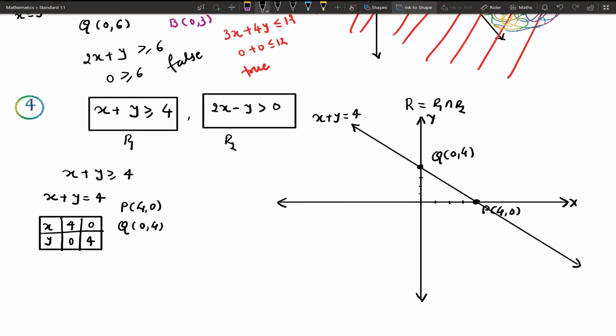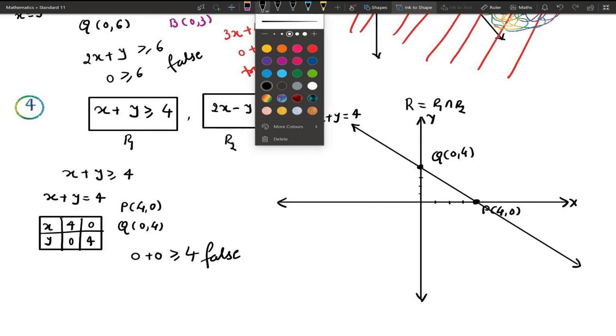Now if we put the coordinates of the origin in the inequality, x equal to 0, y equal to 0, we get 0 greater than or equal to 4. This is false, and the inequality is a slack inequality. So the solution part, region R1, is the closed half plane not containing the origin, because the coordinates of the origin do not satisfy it, and the inequality is slack.